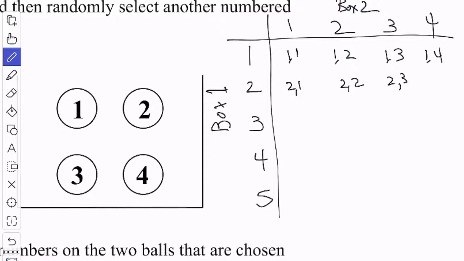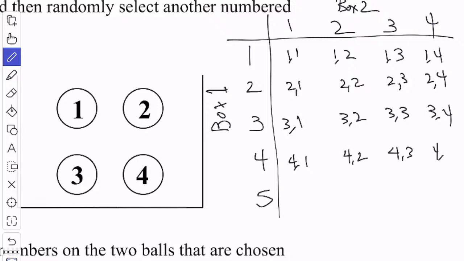I'm putting the comma so you don't think it's a double digit number. 3 with 1, 3 with 2, 3 with 3, and 3 with 4. 4 with 1, 4 with 2, 4 with 3, and 4 with 4. 5 with 1, 5 with 2, 5 with 3, and 5 with 4. And there you go. Those are the possible outcomes.